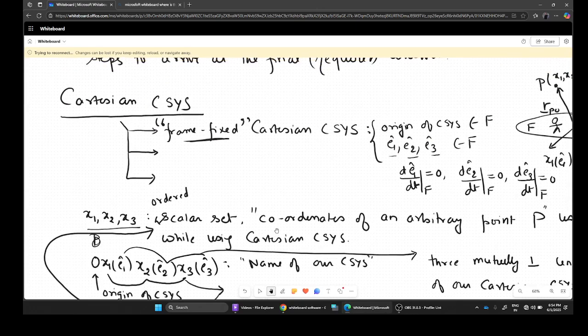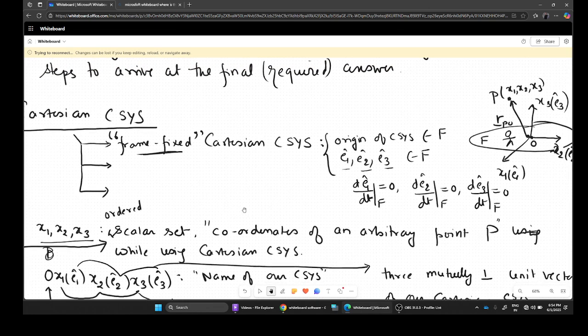I want to go back and also describe what the other possibilities are of having this Cartesian coordinate system. Partially fixed. What would we mean by a partially fixed coordinate system?